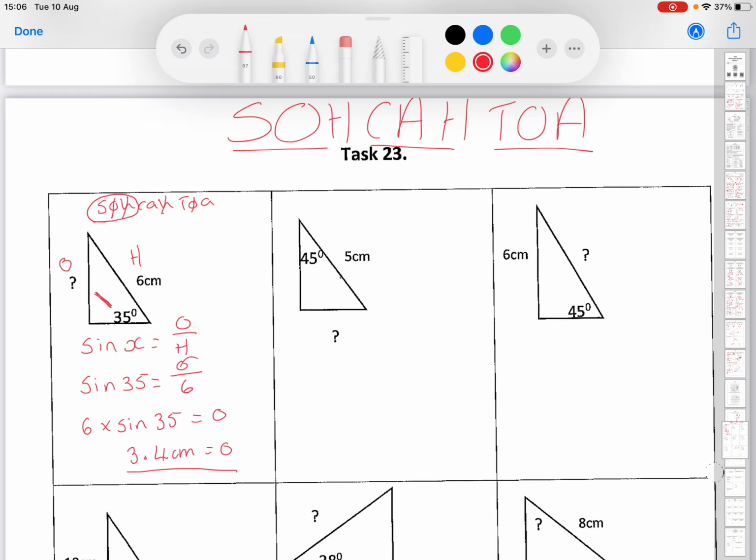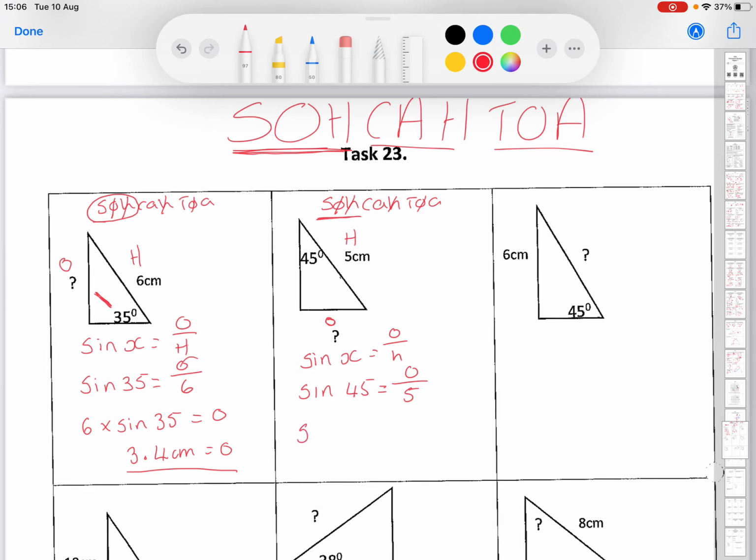Okay, right, next one. We're going to label the two sides we have. So our 5 is our hypotenuse. Opposite our 45 is that question mark. So we've got O and H again. Hopefully you will get used to not writing it all down. But if we write SOH CAH TOA, we can see O and H is both crossed off in SOH, so we know sine of the angle x is O over H. In this case again, we've got our angle, which is 45.